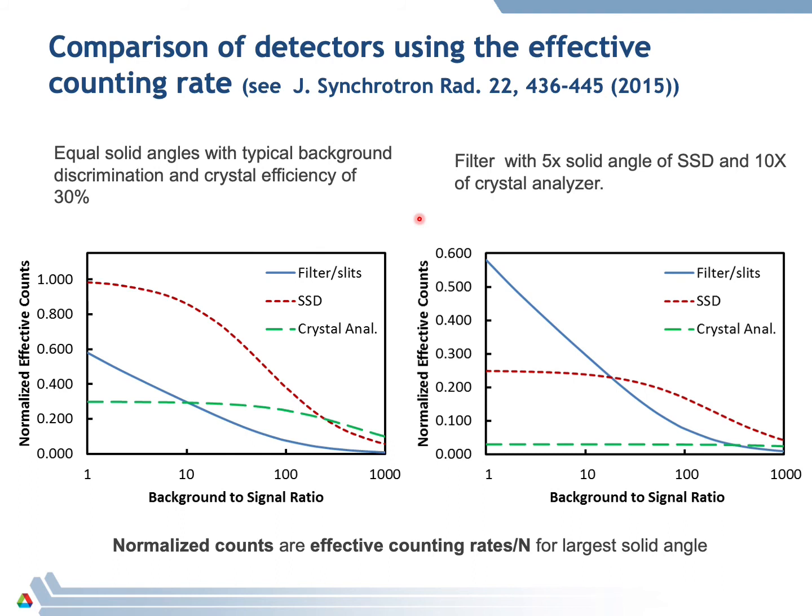Now, if all those detectors collected the same solid angle and had typical performance, this is what you would get in terms of the normalized effective counting rate.